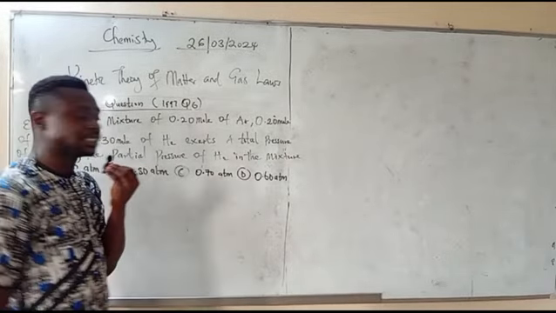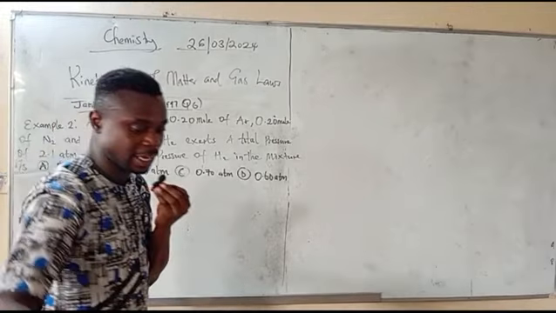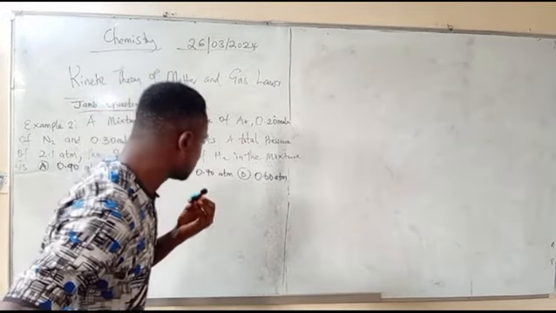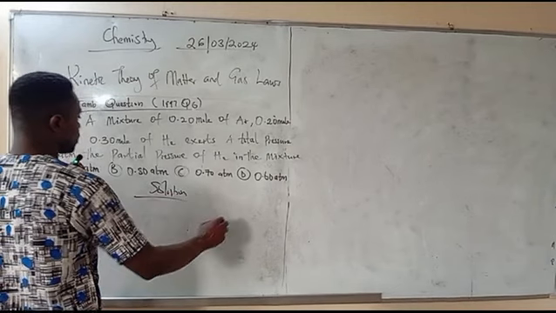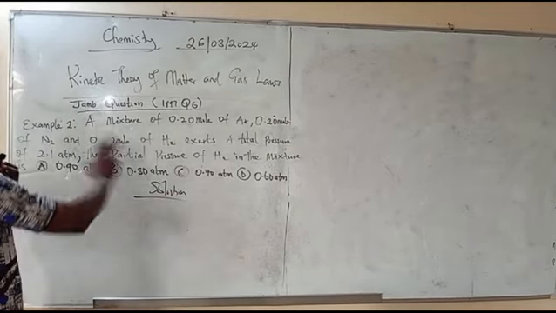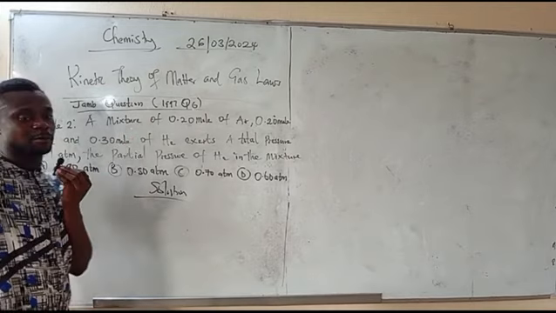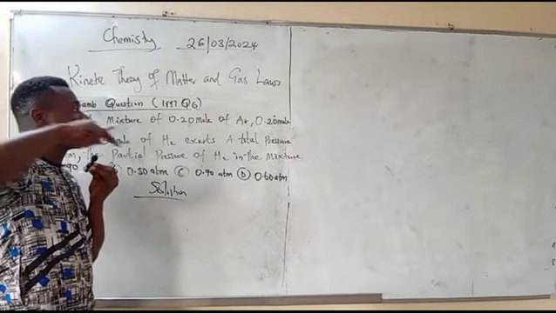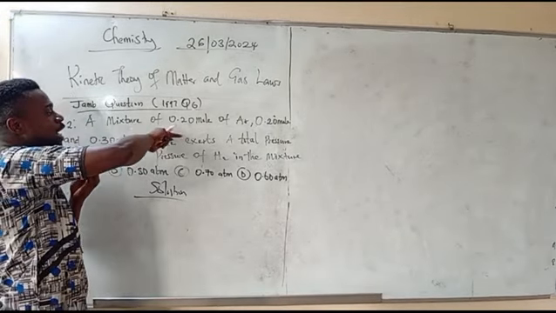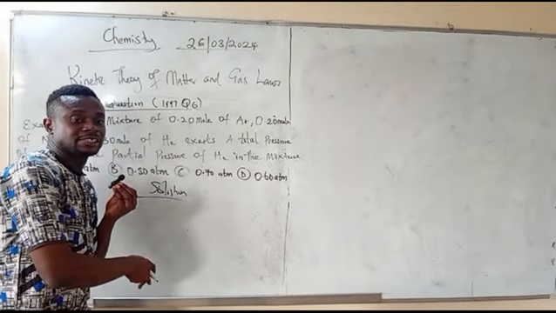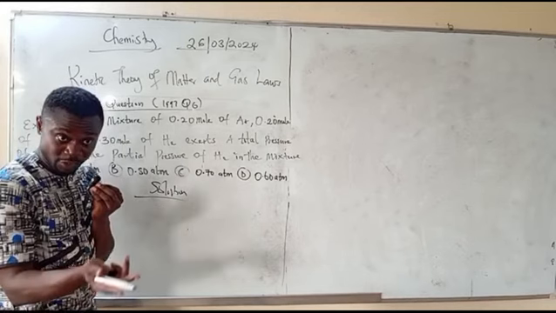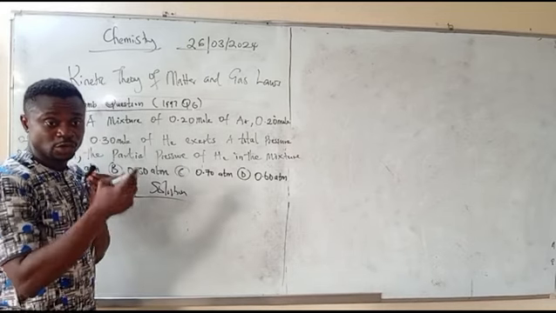So total pressure is simply the partial pressure of helium, plus the partial pressure of argon, plus the partial pressure of nitrogen. What is the partial pressure of helium? We don't know, right?